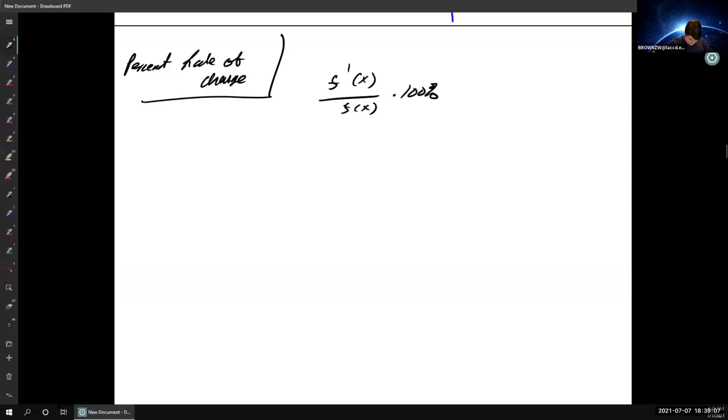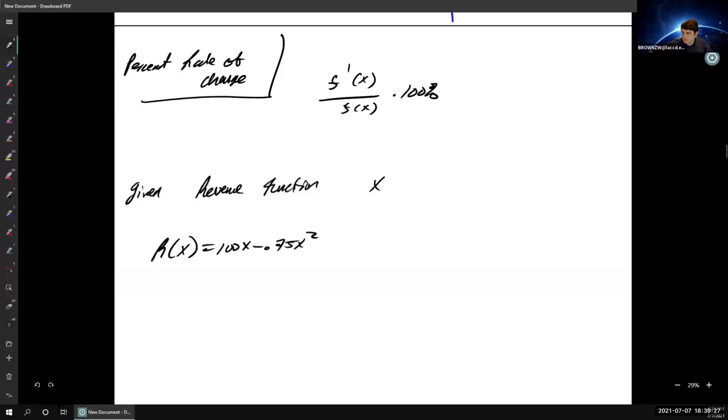Okay. So let's look at the following revenue streams. Given a revenue function, R of x is equal to 100x minus 0.75x squared, where x is in terms of millions of units. R will be in terms of millions of dollars.